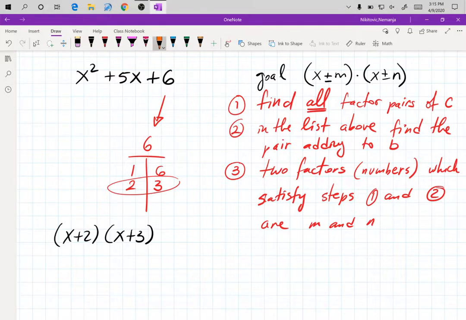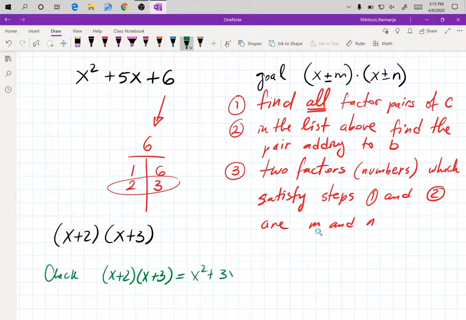Now, if you care and want to check, you just FOIL this, and if you get the original problem, you're good to go. So that's x squared plus 3x plus 2x plus 6, which gives us x squared plus 5x plus 6. So it works.